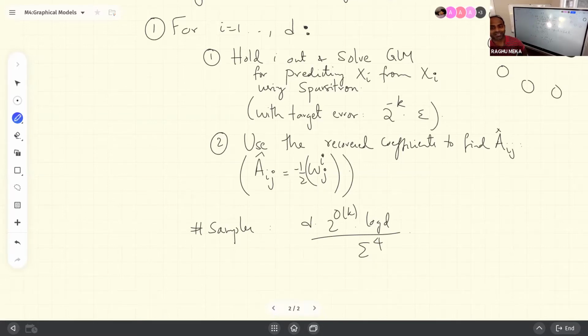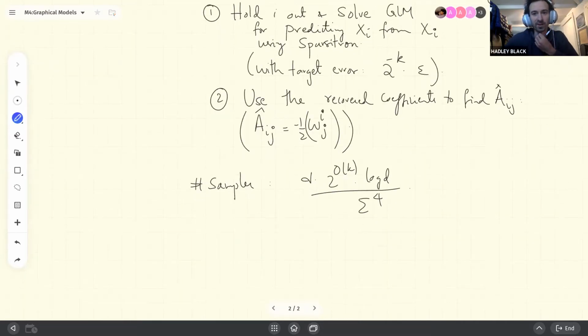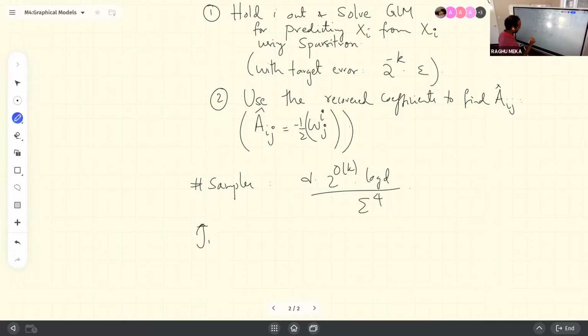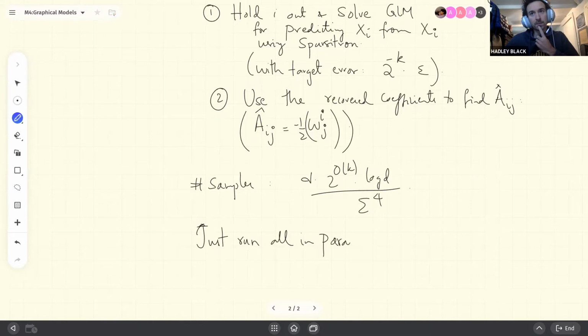But you don't have to do them independently. You can use the same samples to run everything. For i equals 1 to d, hold i out. Actually, you just make all the samples before the loop. So basically just run all in parallel on the same set of samples.